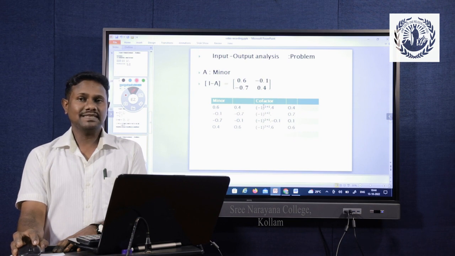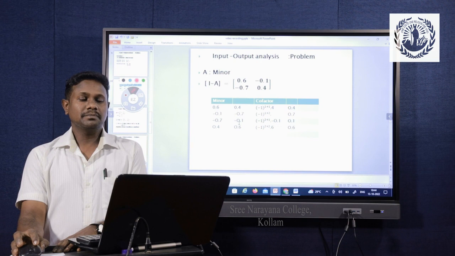I can repeat that. How can we find the cofactor? The equation is minus 1 raised to the row order plus the column order, into the minor. Minus 1 raised to 1 plus 1 into minor 0.4, the answer is 0.4. For the minor 0.7, the cofactor is 0.7.